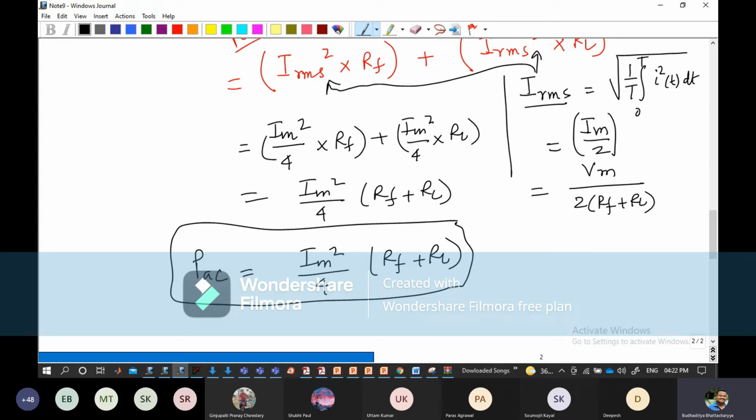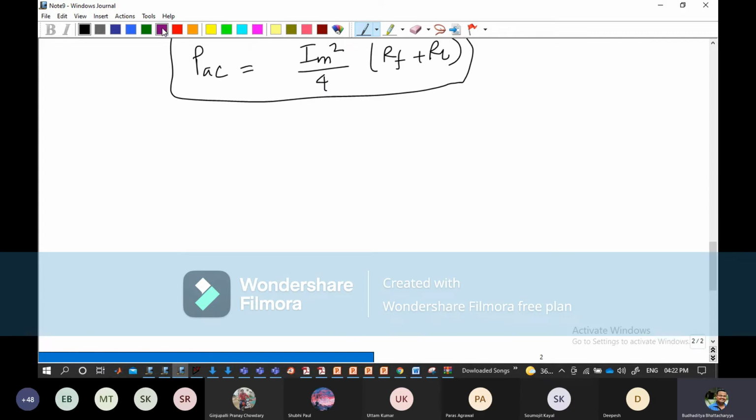The reason behind calculating this PAC is a very important parameter, the efficiency. Eta is called the power or rectifier efficiency. The whole time we were discussing the rectification efficiency of a half-wave rectifier.